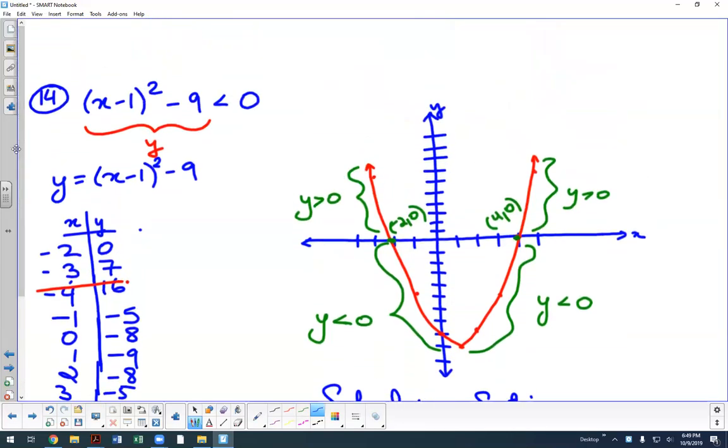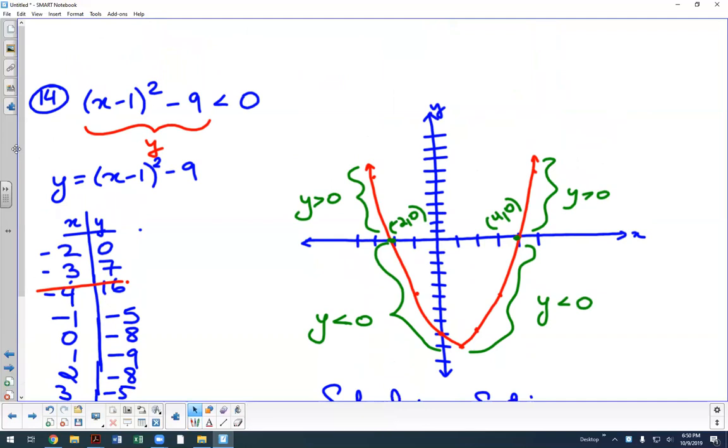The only other way to solve this would be solving that quadratic equation and figuring out where your y values are going to be less than 0. Right now, we're just trying to use graphs to help us solve this. So just as a recap, we started out by graphing our given equation. So that was x minus 1 squared minus 9.